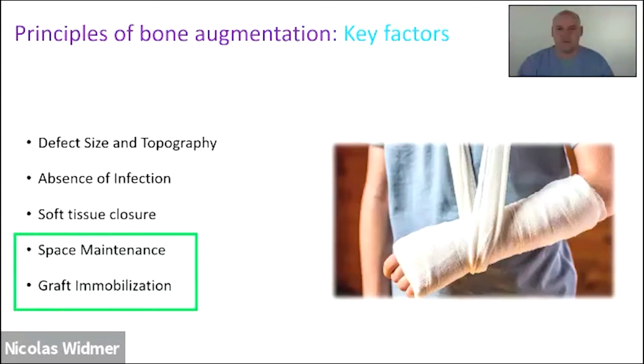The absence of infection is very important, the soft tissue closure, and of course, space maintenance and graft immobilization. If we think of this picture with the broken arm and the stabilization, we can see almost all key factors in this picture. And today, of course, we are talking mainly about space maintenance and graft immobilization.